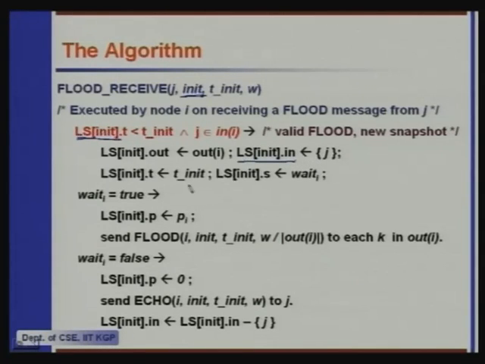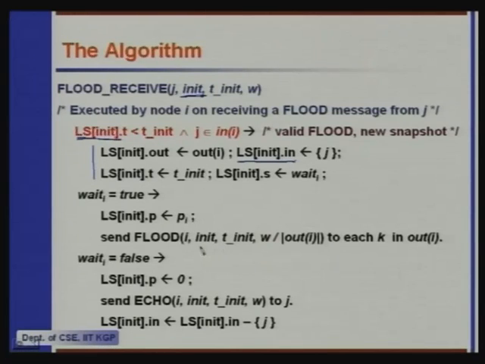So, this is collecting the local snapshot, and then it checks whether wait I is true. If wait I is true, it means that it is waiting. Then it sets ls init dot p to be equal to pi, which is the number of resources it still needs, and it sends flood messages to each k in out I. Along each of its current outward dependencies, it sends the flood message, right.